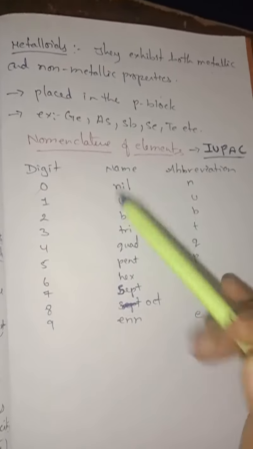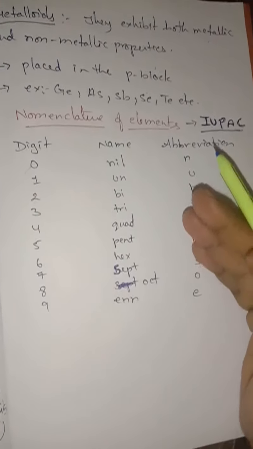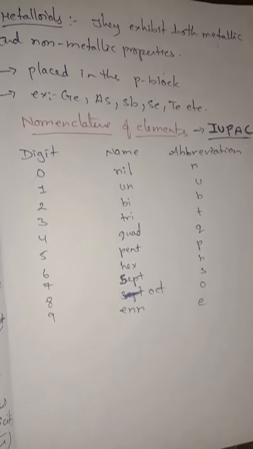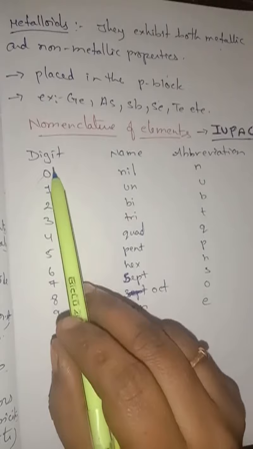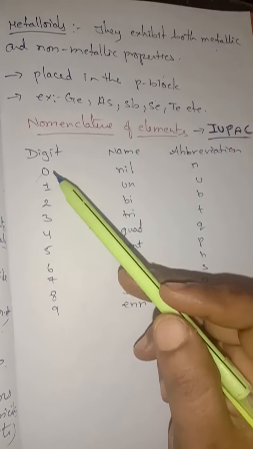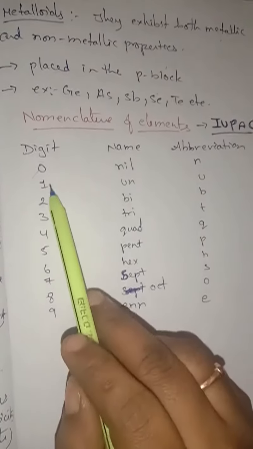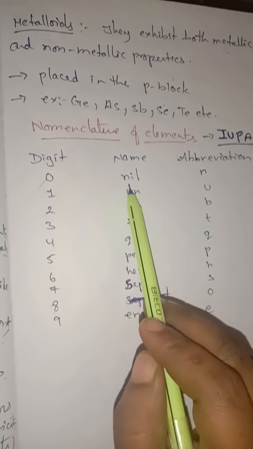Next comes nomenclature of elements. So nomenclature means giving names to the elements. For the elements from 101 to 118, how are you going to give the name? For example, digits. See, digits I have written here, 0, 1 to 9, and the name. So for 0, the name will be nil.